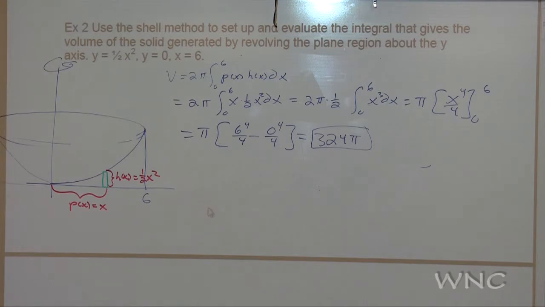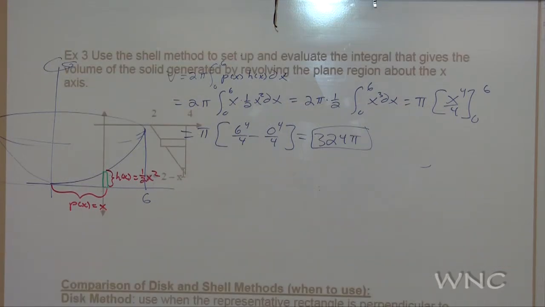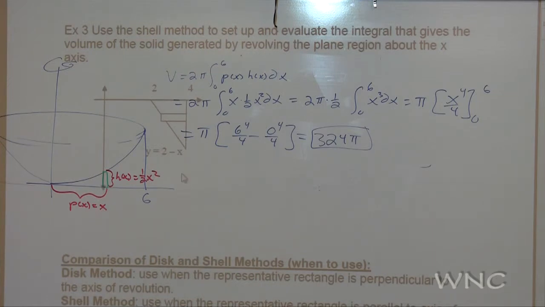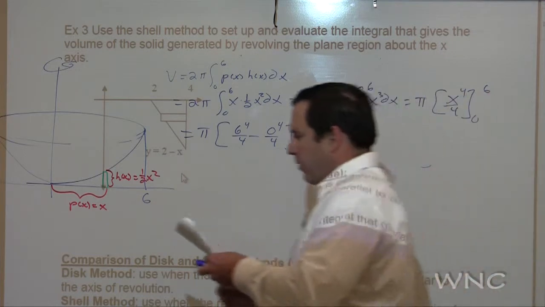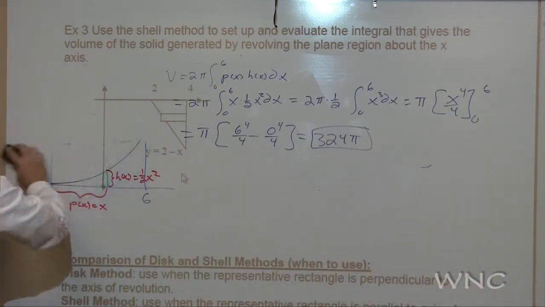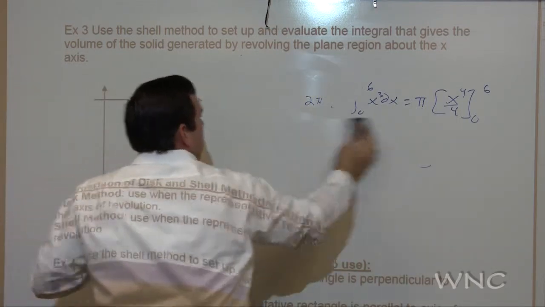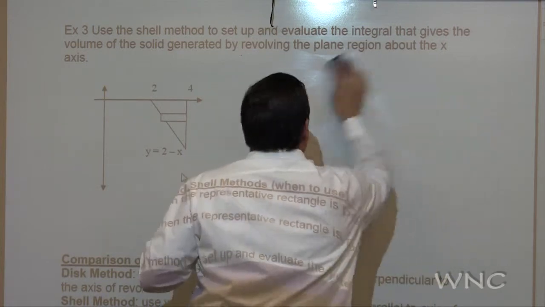Okay, so we've done two of them that are vertical axis of revolution. What's this next one? Looks like it's use the shell method to set up and evaluate the integral that gives the volume of the solid generated by revolving the plane region about the x-axis. And this one's going to have a horizontal axis of revolution.